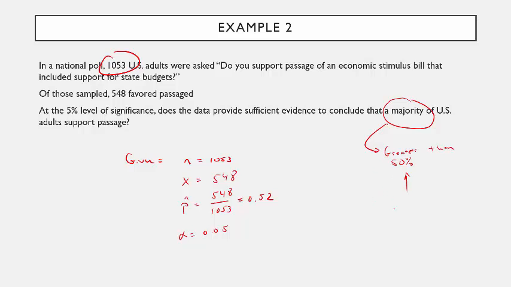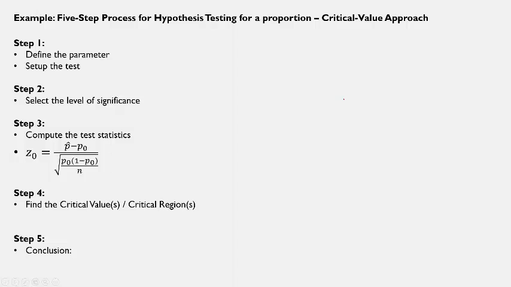That sounds like a right-tailed test again. So we've got two right-tailed tests in a row. We're interested in the proportion of people who support passage of this bill that includes support for state budgets. So that's our parameter.